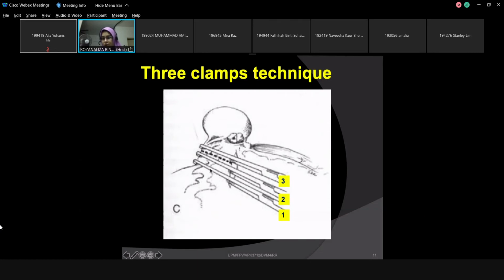Even in DVM3, probably in your final exam, or your senior final exam, people will draw the diagram for me, but they put a ligature at number 3 and then transect at number 1. So I call this basically killing the patients on paper, because the patient will bleed to death.